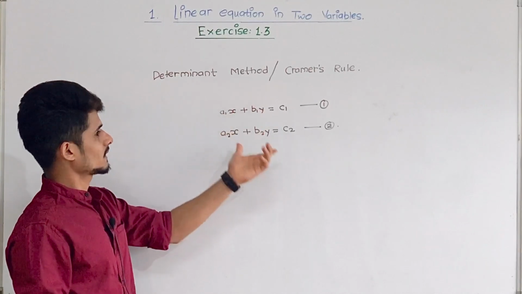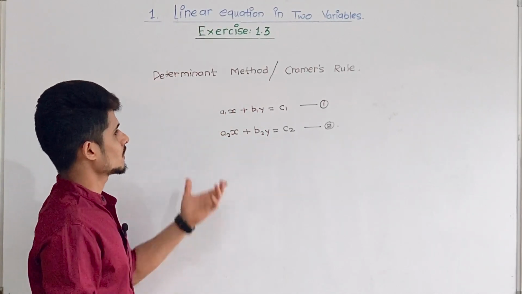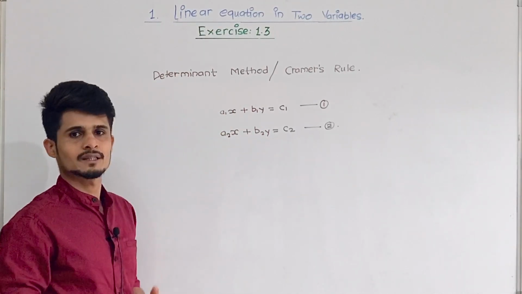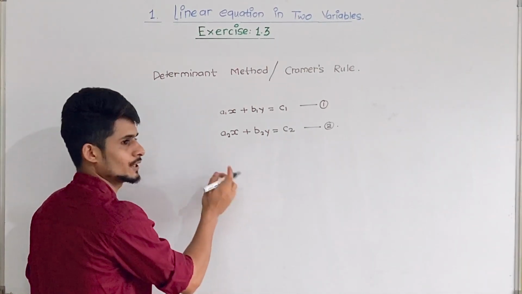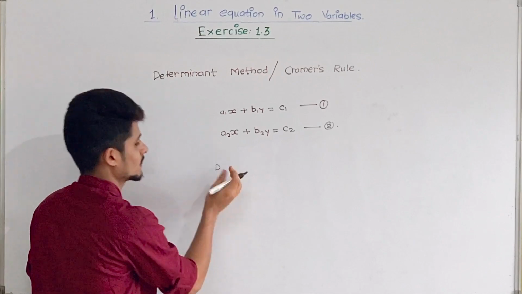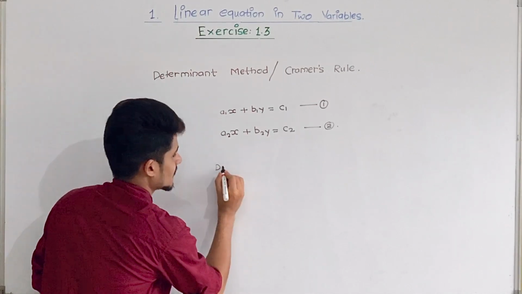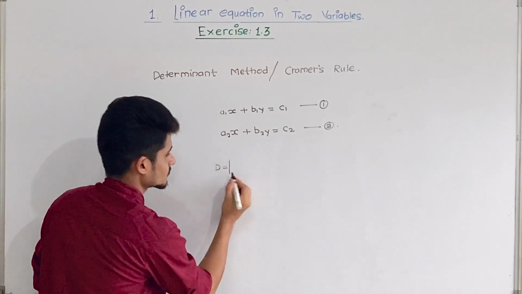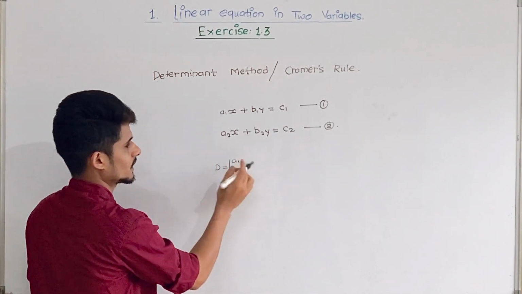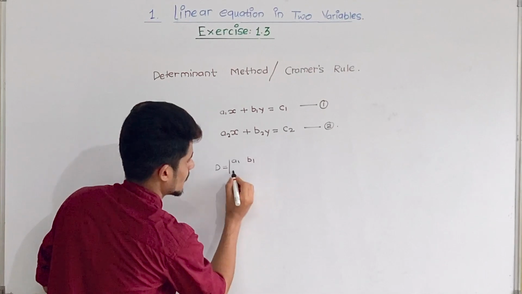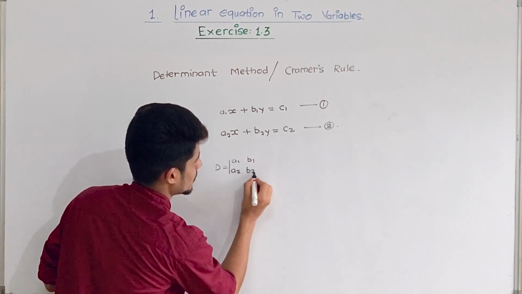To solve these equations by the determinant method, we first need to find the value of the determinant. We'll denote the determinant as capital D. In this, the numbers will be in the form of a1, b1 and a2, b2.